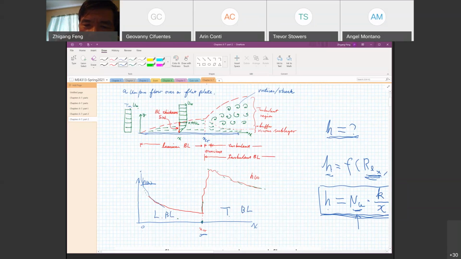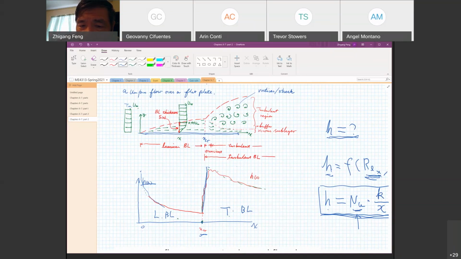And once the flow becomes turbulent, it promotes heat transfer. So we will see a jump in h. h jumps to a much higher value because the flow is turbulent, and we know turbulent flow is chaotic.